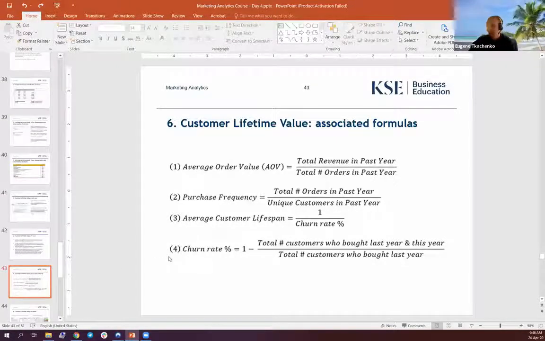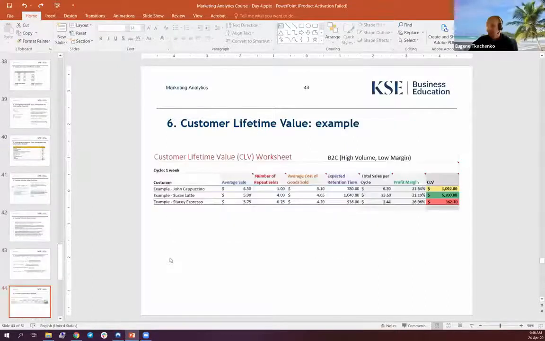And just a small idea on how you can categorize or calculate customer lifetime value for 3 different segments. For example, John Cappuccino, Susan Latte, and Stacy Espresso. So you're the owner of, for example, a coffee shop. You define that there are 3 groups of people who drink 3 different types of coffee, which affects your profitability.